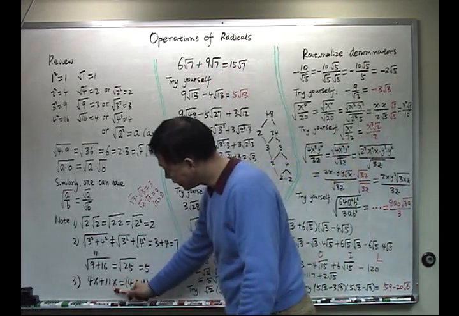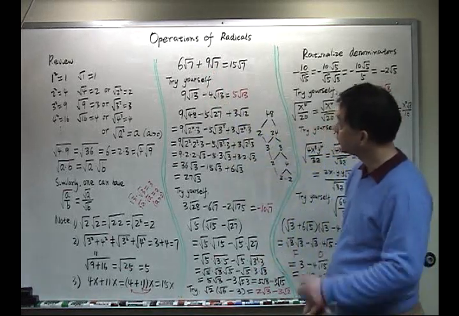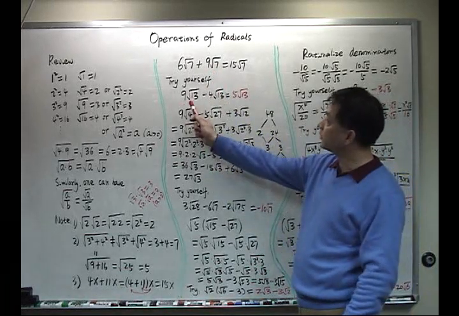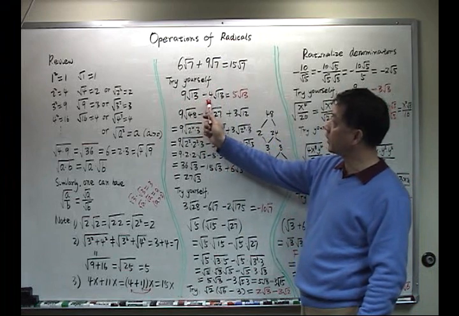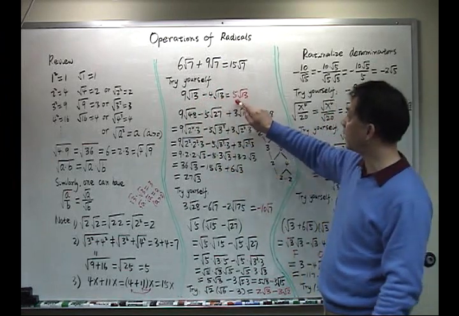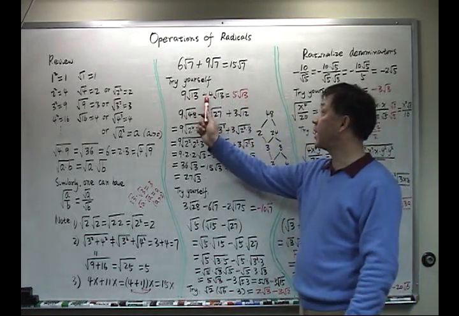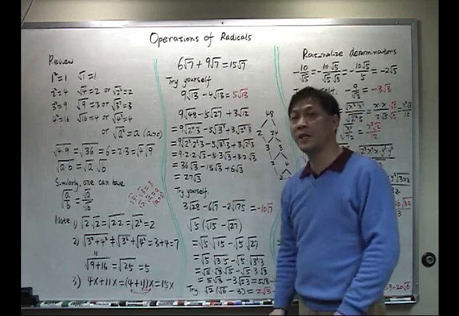Radical 7 is like an x. Now try this one yourself: 9 radical 13 minus 4 radical 13. The final answer is 5 radical 13, because 9 minus 4 is 5. That's an easy one.